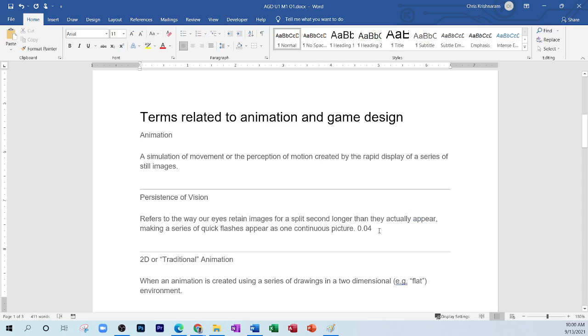So 0.04 is all we need to see an image, and we are going to remember that image. So in 40 milliseconds, or 0.04 of a second, we just need to see an image, and we remember that image.